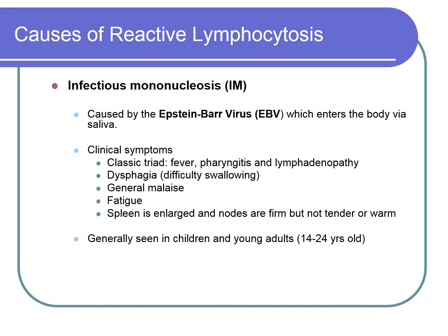It is very important to know that the clinical symptoms of infectious mononucleosis are a triad of fever, pharyngitis, lymphadenopathy. The patient suffers from dysphagia or difficulty swallowing, general malaise, fatigue, and the spleen is enlarged and the lymph nodes are firm but not tender or warm. Generally, this condition is seen in children and young adults between 14 to 24 years old.